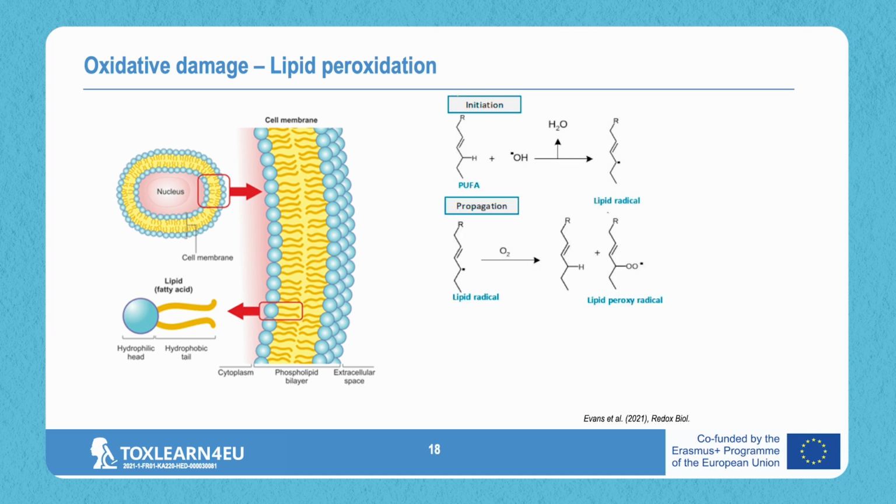This lipid radical can, with addition of oxygen, lead to a lipid peroxyradical, and if there are redox active elements present, like for instance copper or iron, this can eventually increase the production of lipid peroxyradicals, and finally we can have the termination where you have degradation products of these lipid radicals.